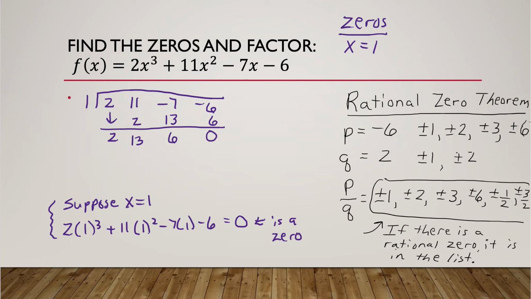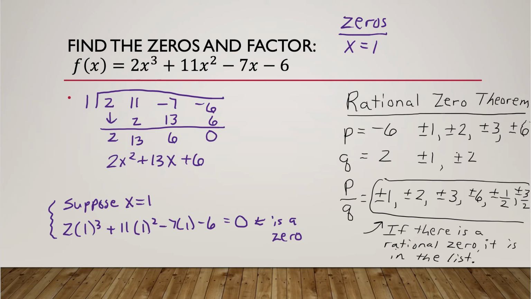Remember that when you divide into x to the third, your answer becomes an x squared. So we have 2x squared plus 13x plus 6. Now, note that what you have is a quadratic, and quadratics are things that we can hopefully factor and work out the rest of the way.